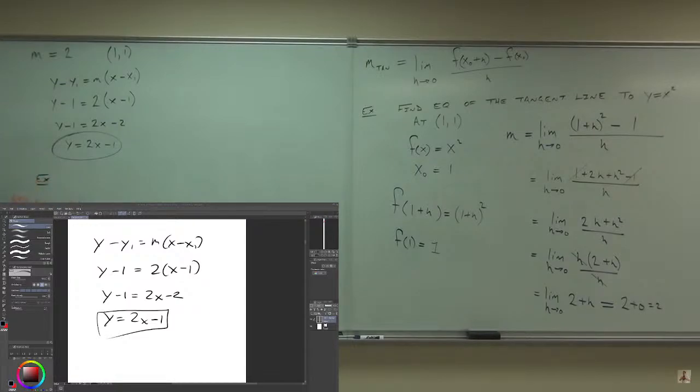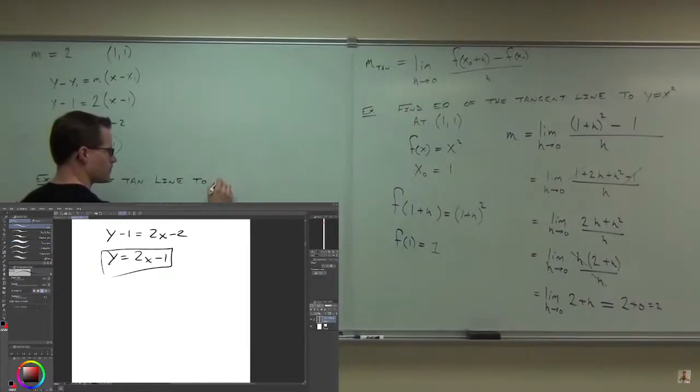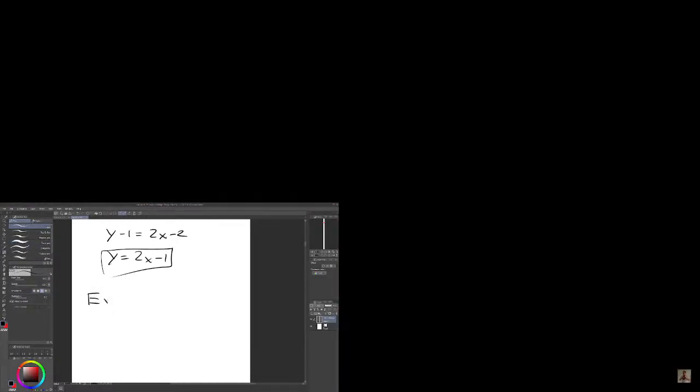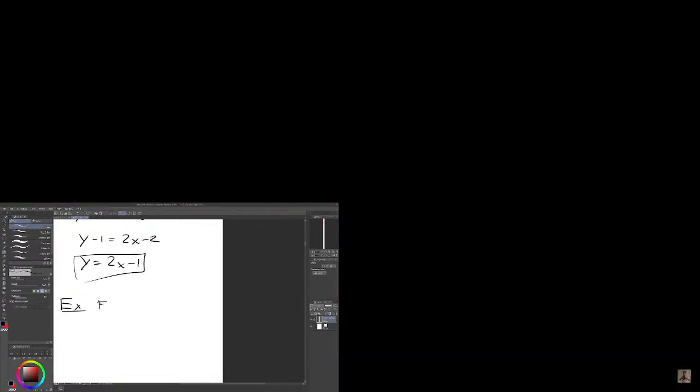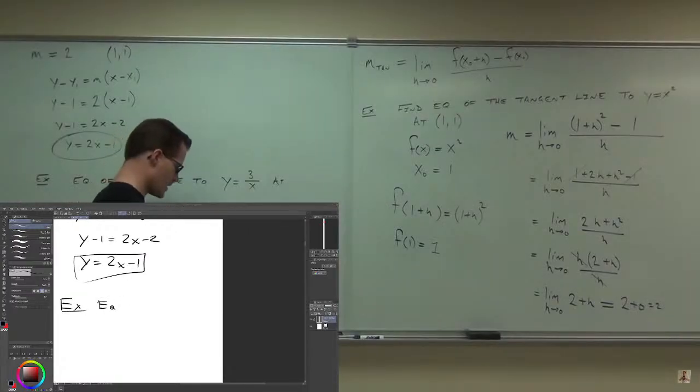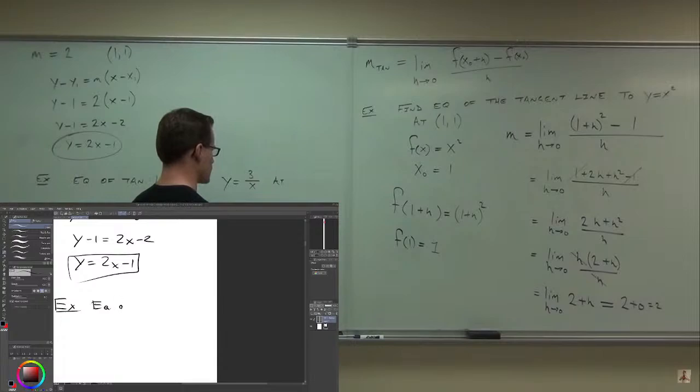Let's find the equation of the tangent line to this curve at the point, well, let's see, (3, 1).